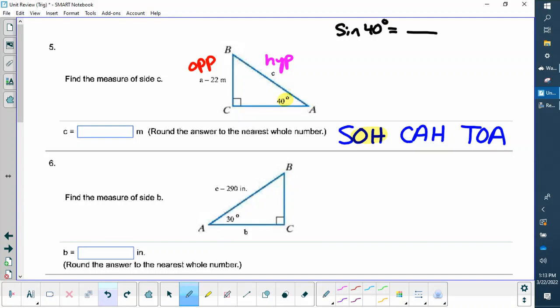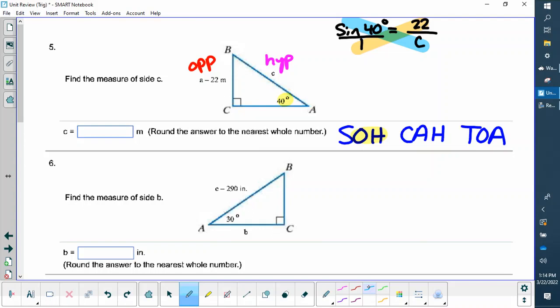Okay, and you have to be very careful. It's got to be opposite, which is 22, over hypotenuse, which is C. I like to turn these into proportions. The way we solve for proportions, just like we did in the last unit, is we cross multiply. Now, this problem's not done. The last problem, when I cross multiplied, I had my variable all by itself.